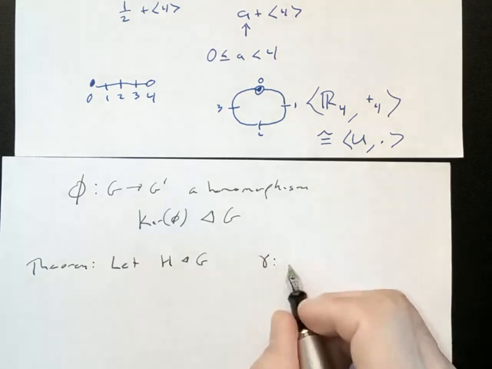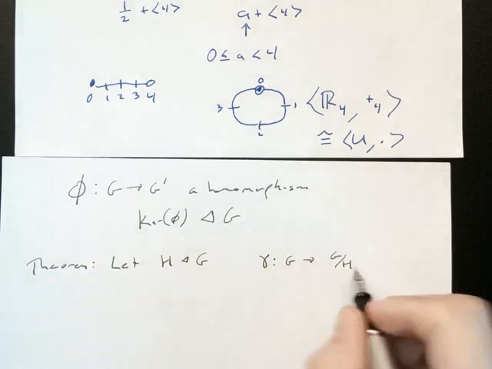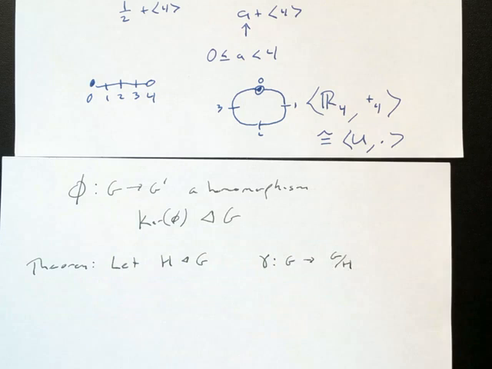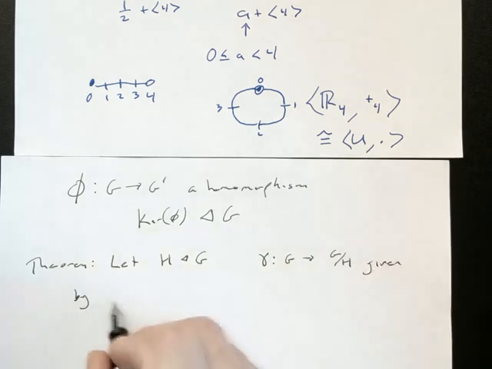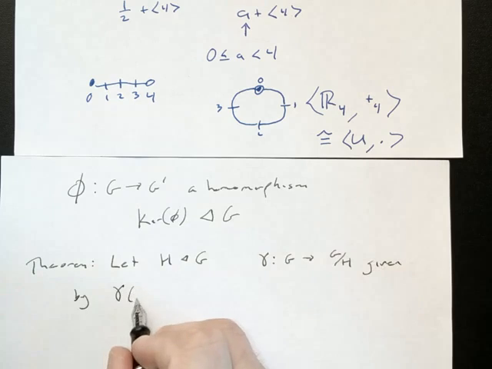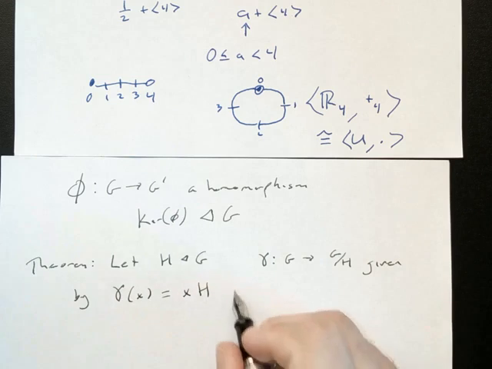The homomorphism gamma from the group to the set of cosets, G mod H, the factor group, given by gamma of X is the left coset containing X. That's a homomorphism.